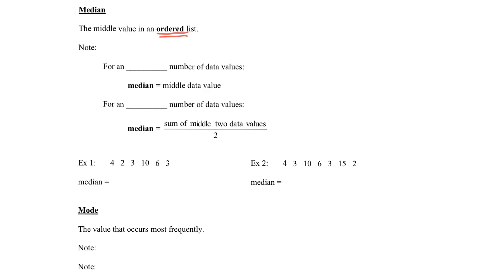There's a note here. I'm going to keep it in red because remember, red means danger. So we need red here. The numbers must be listed in what? In order.